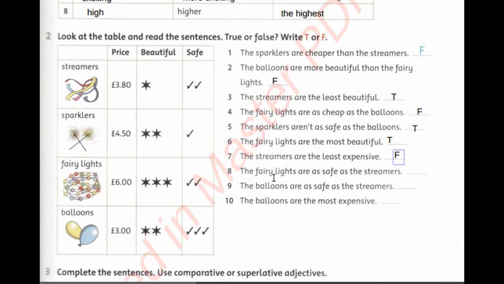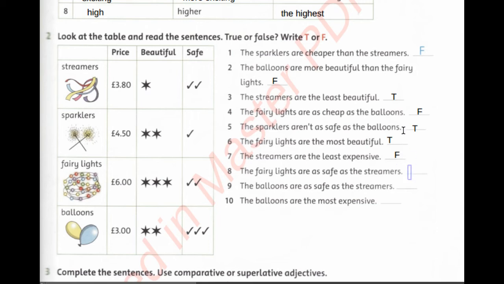We have 2 for the fairy lights, and the streamers also have 2. So this answer is true.